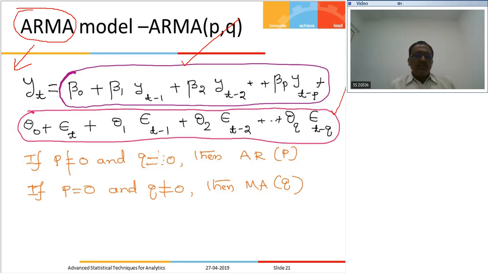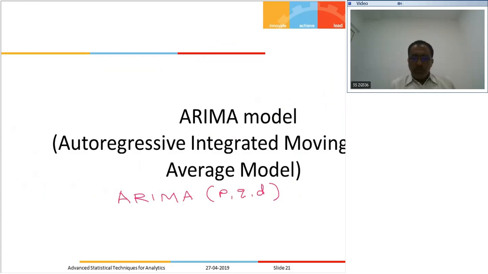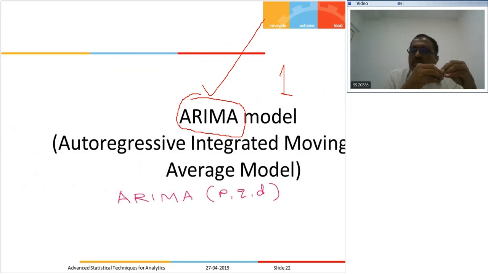Right. So next is the ARIMA model. What is this ARIMA? I would rate this as the number one model that people use.